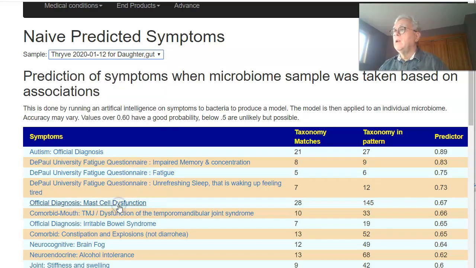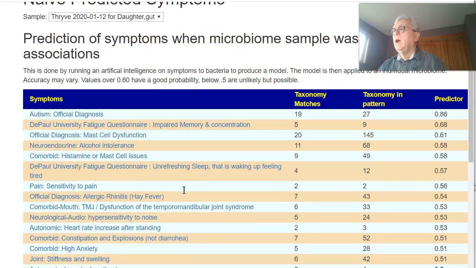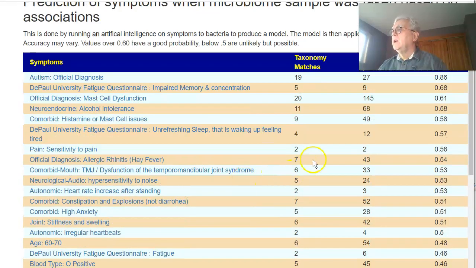Let's go and look at the daughter, and we find the number of matches went down a little bit, and the number of items 0.6 and above has gone down. We only have 3 sitting there.